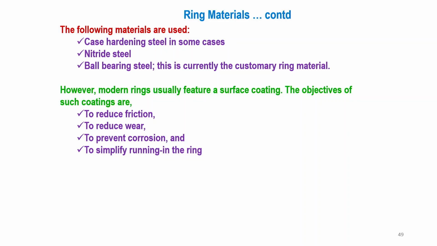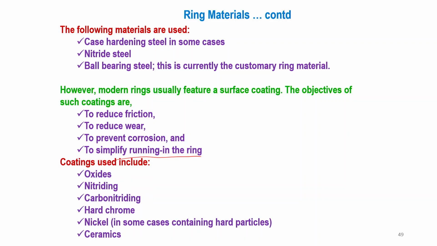The objective is to reduce friction, so the ring is coated to reduce friction and wear and tear of the traveler, to prevent corrosion, and to simplify running in time. Running in time is the time for the initial development of the naturally lubricating film on the ring surface.